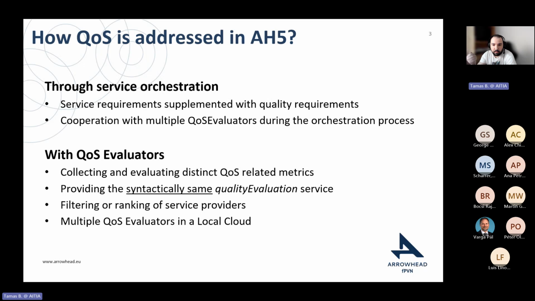These systems are always filtering or ranking the given providers, and of course, multiple QoS evaluators are allowed to be deployed in a practical local cloud. So in one orchestration request, you can define QoS requirements on multiple domains.